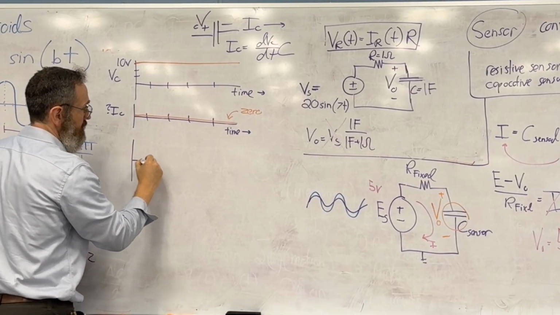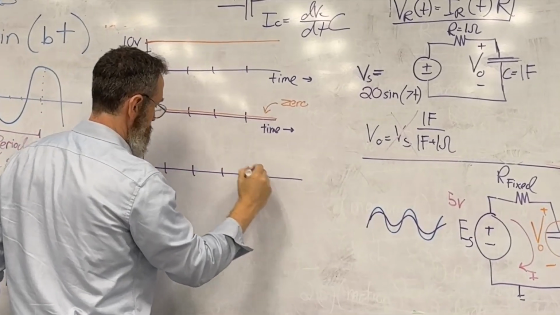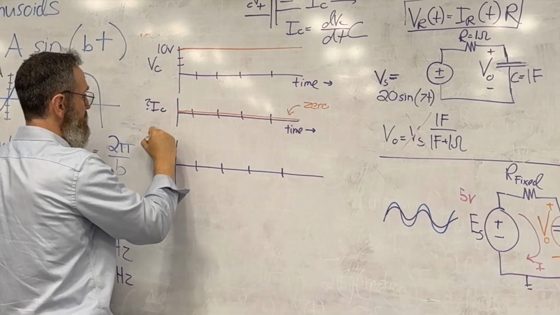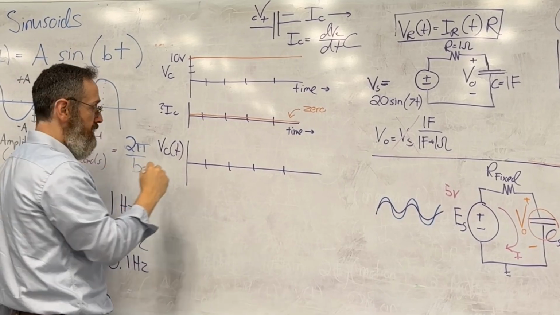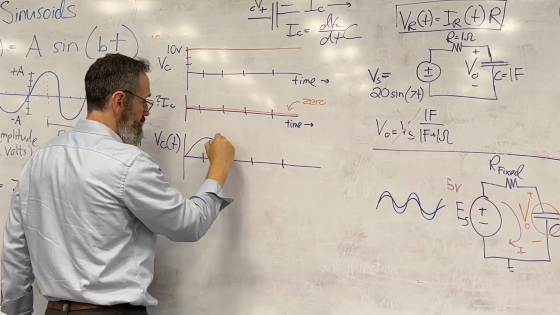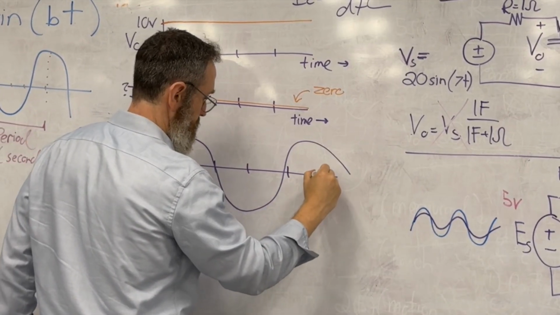Let's go to our sinusoid. Now let's see what happens. So now we have V sub c, and I'll make sure we're talking about time, and it goes up and down and up and down forever.